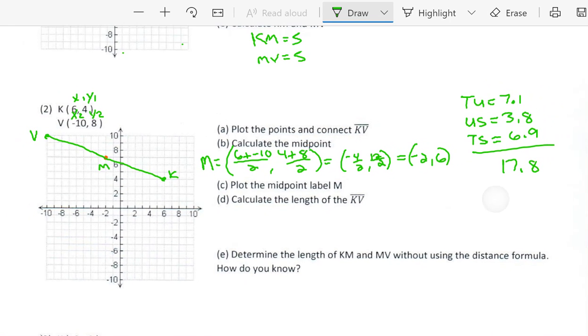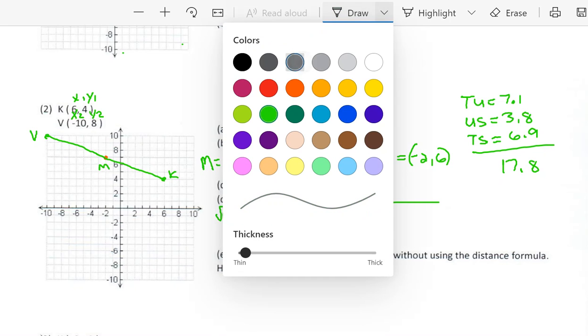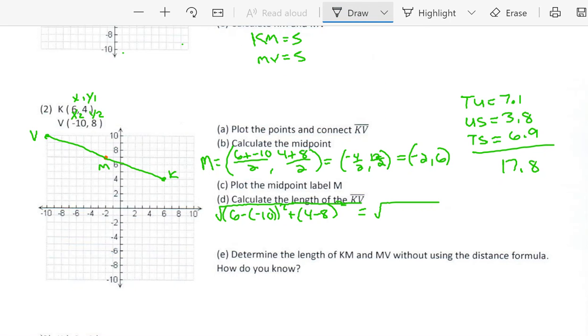It says calculate the length of KV. So calculating the length of KV is distance formula. So it's going to be 6 minus a negative 10 squared plus 4 minus 8 squared. So it's going to end up being the square root of, this is a plus 10, so 16 squared plus negative 4 squared. 256 plus 16 is 272.